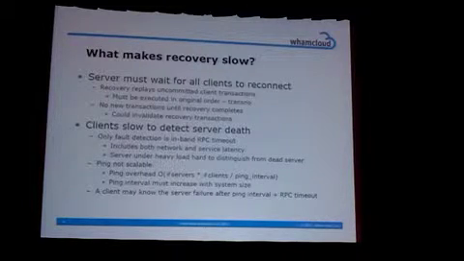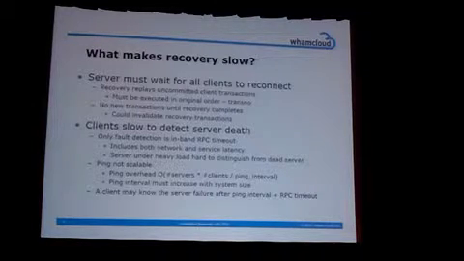Okay, so let's investigate what makes recovery slow. This is because of two reasons, specifically in transaction recovery and connection recovery. For transaction recovery, the server has to replay uncommitted RPC transactions from the clients. Those transactions have to be replayed in the same order in which they were executed at the server side. This is done by transaction number.